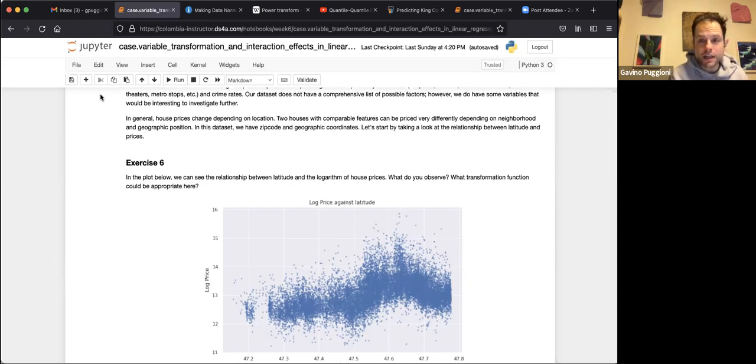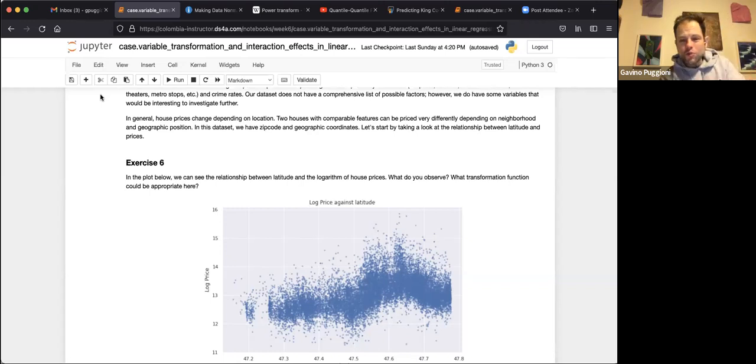Yes, Luis, many times when you add variables that are correlated with each other, it would definitely cause collinearity. And that's something that we will have to investigate in a different case, how to deal with collinearity and multicollinearity. Maria, is it possible to enter these variables as a matrix? Yes, it is, definitely.